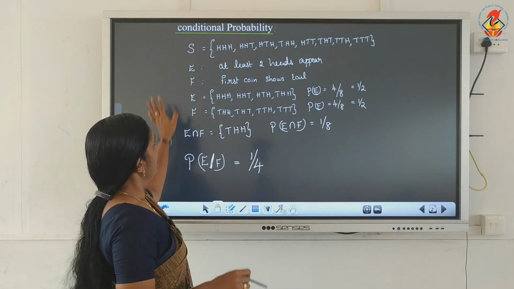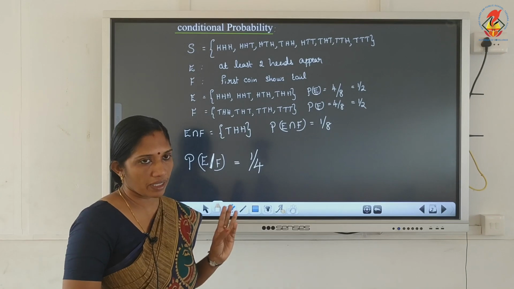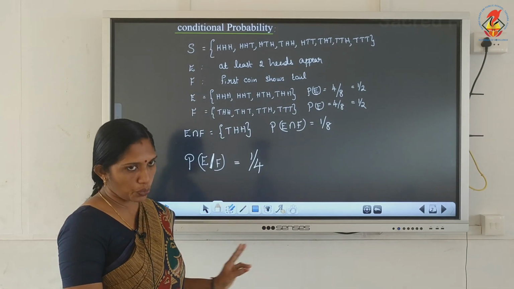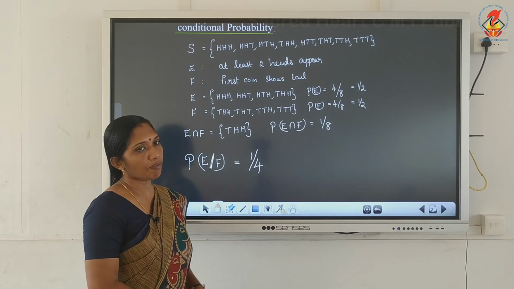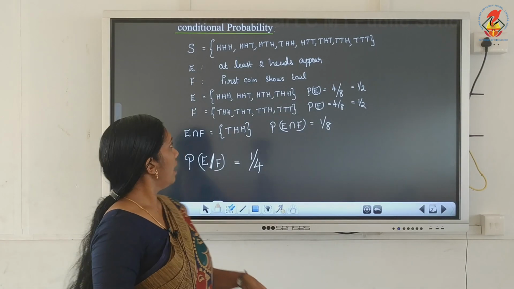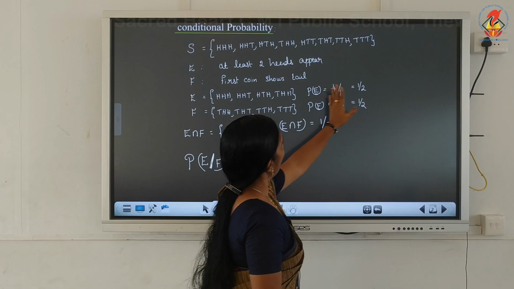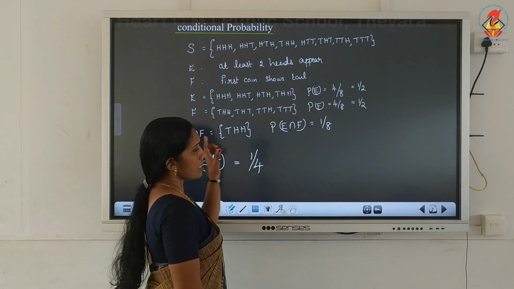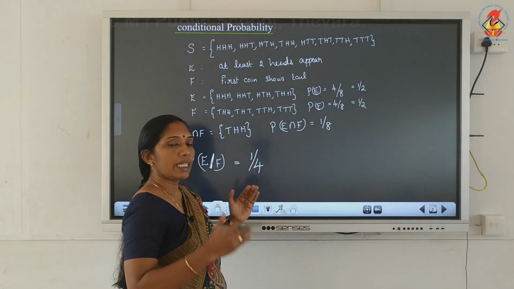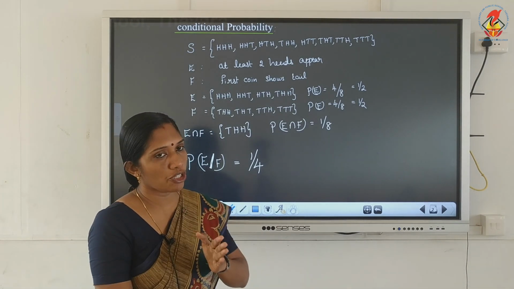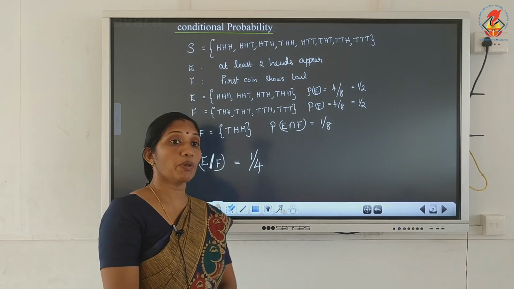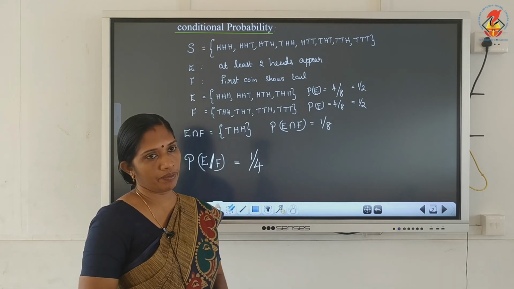Understood this? This is the experiment, that is tossing 3 coins. E and F are 2 events, such that E means 2 heads appear and F means first coin shows tail. Then we wrote everything: P of E, P of F, E intersection F, P of E intersection F. Then if the condition is given as first coin shows tail, then what is the probability of occurrence of E?